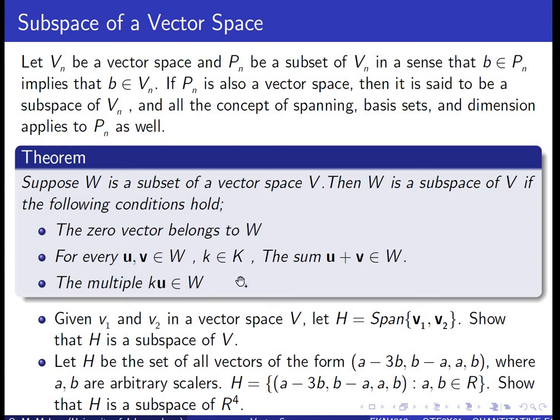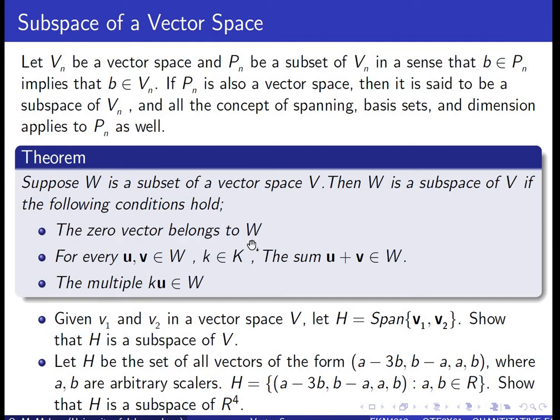This is the same ideology. Remember when you wanted to establish that a given set is a metric space, it had to satisfy three properties of a metric space. The same thing applies here. In order to establish that a given subset of Vn is a subspace, it should satisfy these three properties.